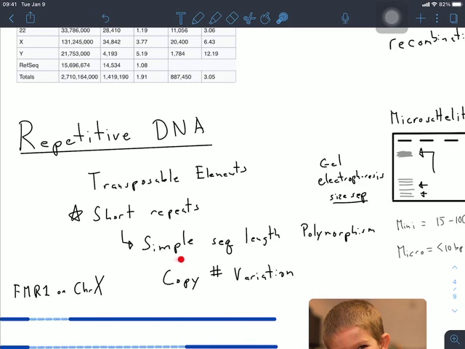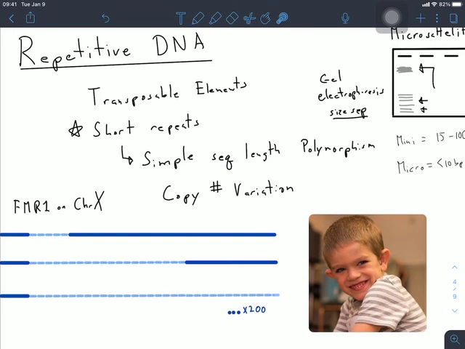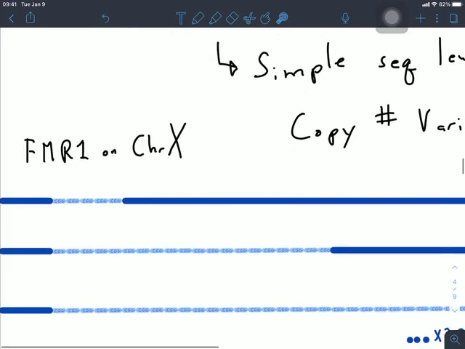We can get simple sequence length polymorphism, like what we talked about when we discussed Fragile X syndrome in humans, where someone with a small number of microsatellite repeats, this was a 3 base pair tandem repeat of CGG, CGG, CGG. Now, if you had just a couple of them, something like 5, you were not at risk for Fragile X.